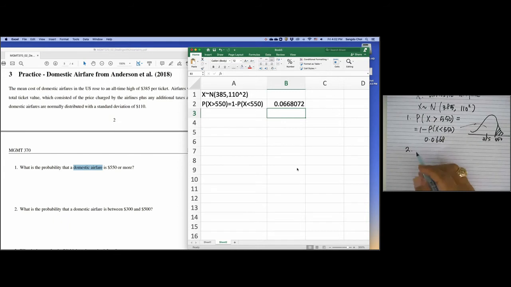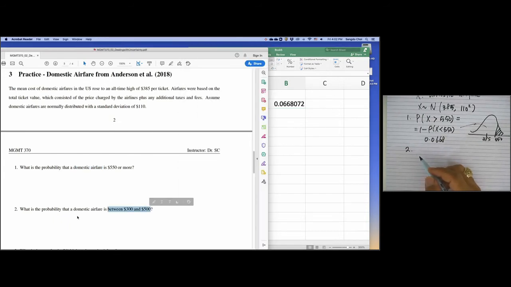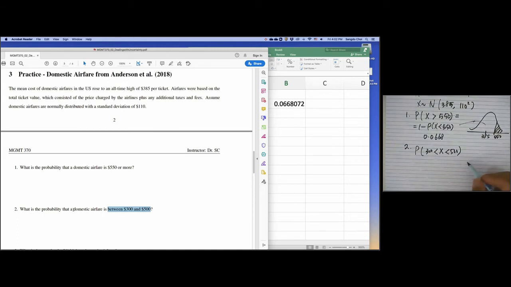Second question: what is the probability that domestic airfare is between 300 and 500? Then you can write P of X between 300 and 500. In this interval case, again you have to draw a chart. The center is 385, and we have the 300 number here and the 500 number here.